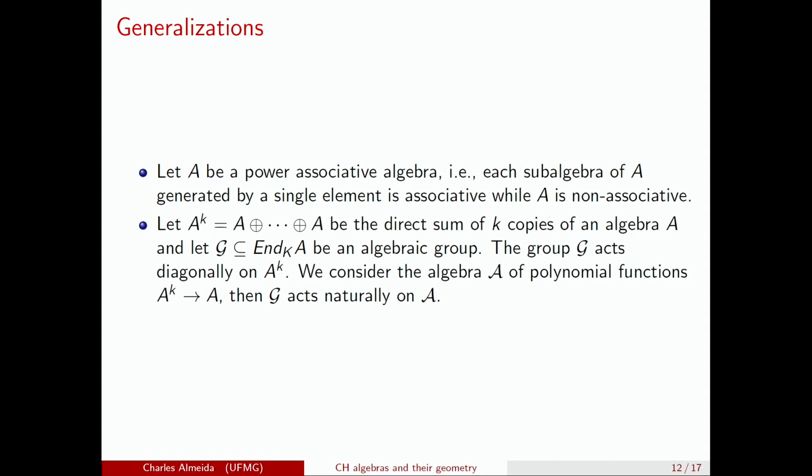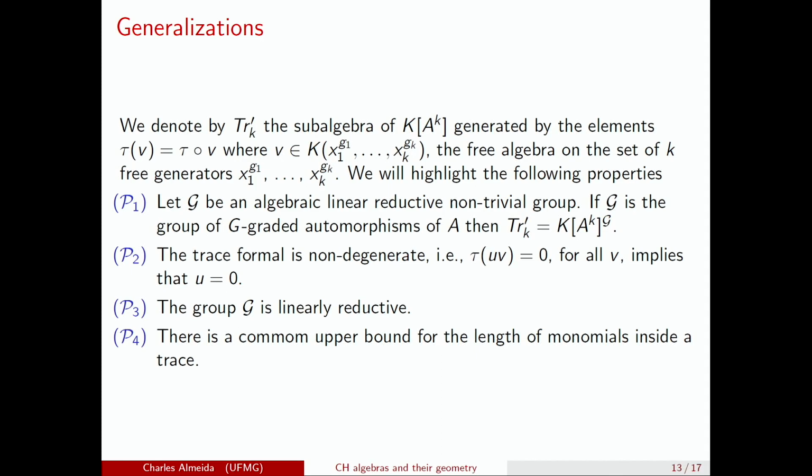And we consider the sum of A^k, the direct sum of A, and we consider a subgroup of the endomorphisms of my algebra acting diagonally on it, which I call calligraphic G. Again, I need a lot of notation here, but I will try to translate.